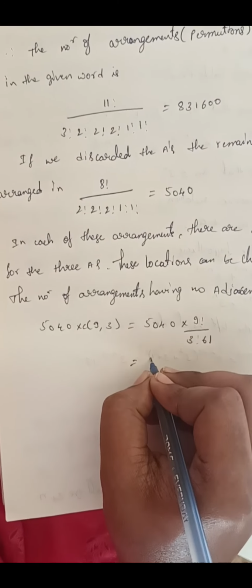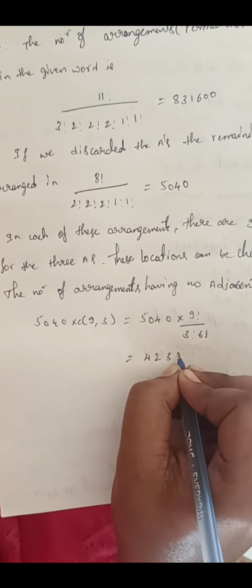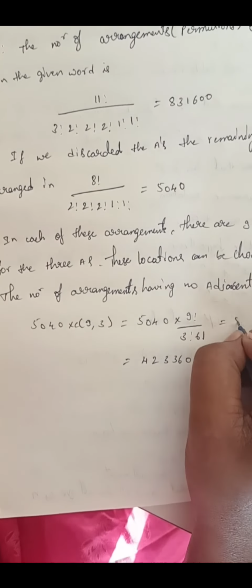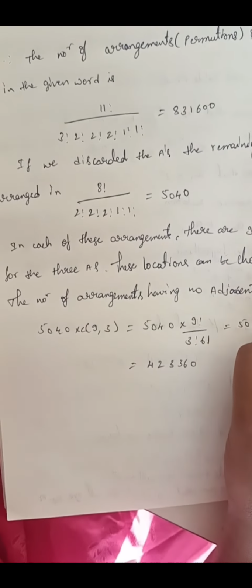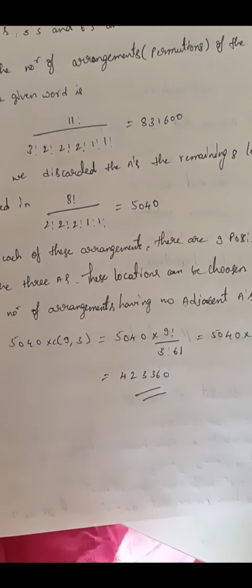That is 5040 into 84, which equals 423360.